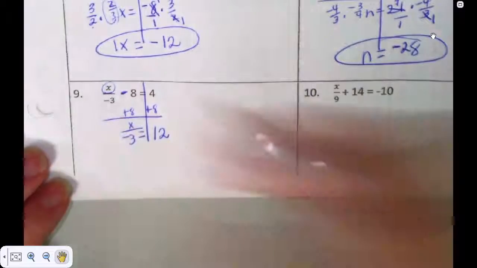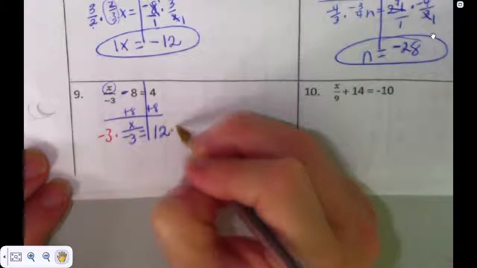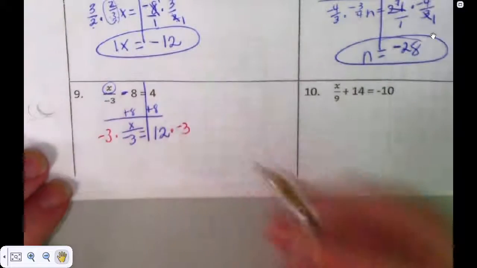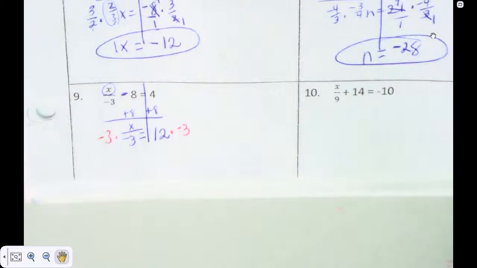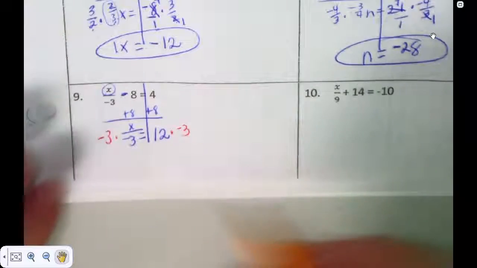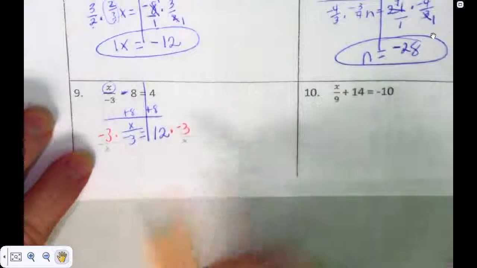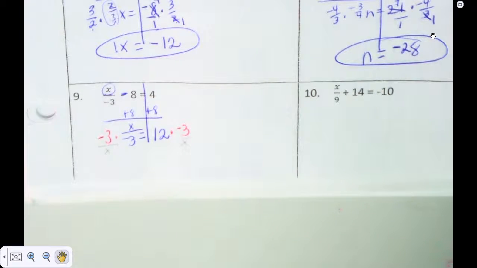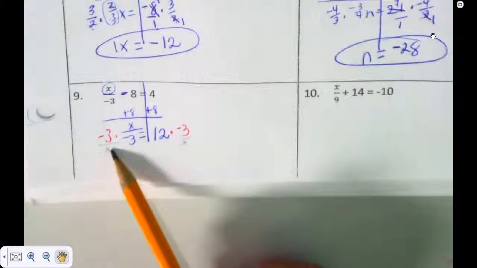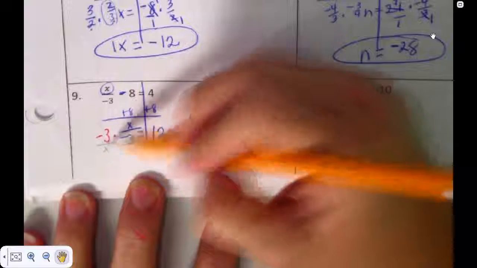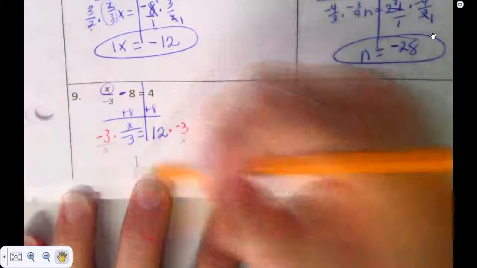And I want to show you what I caught some people doing today. I'm going to write it in pencil so look, they were doing this. Look, guys, they were multiplying by -3 over X. If you multiply by -3 over X, all of that's going to cancel out, and you're going to get a 1 there.